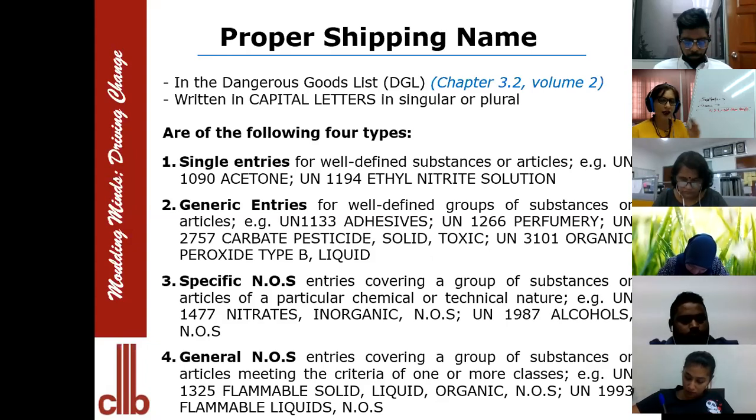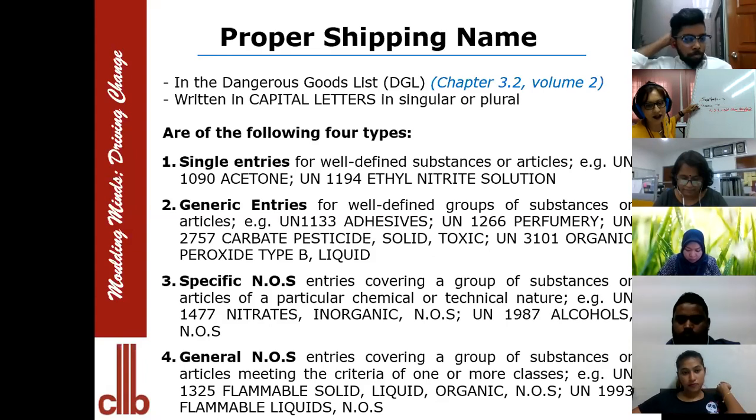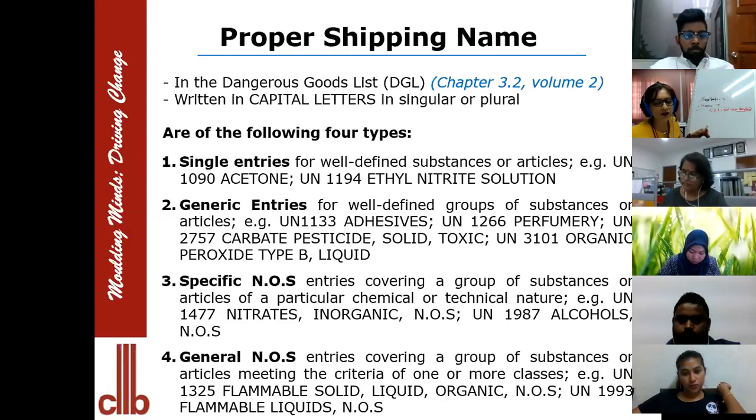But when I go to the index column, I cannot find its name. So it is not specified. It has not been specified as a single or specific entry, or in its generic name. All right.